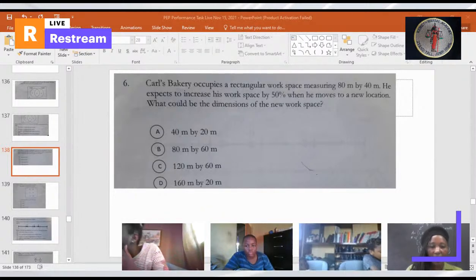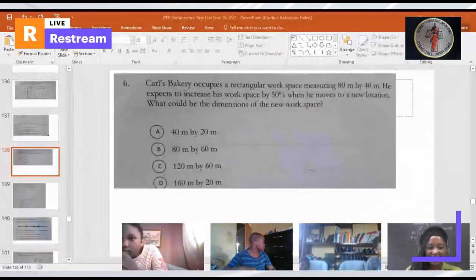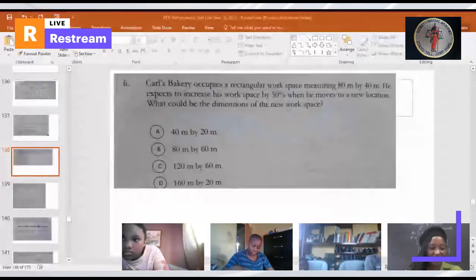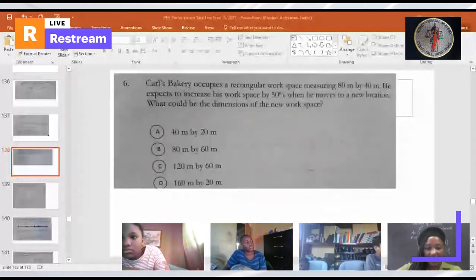All right, so it's a rectangular space. It's a rectangular workspace. Originally, the length of that space is 80 meters. The width of the original workspace is 40 meters.